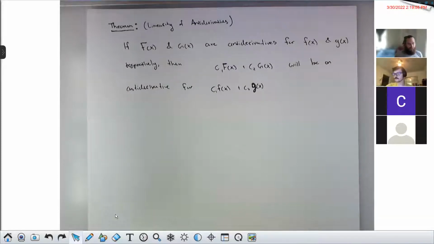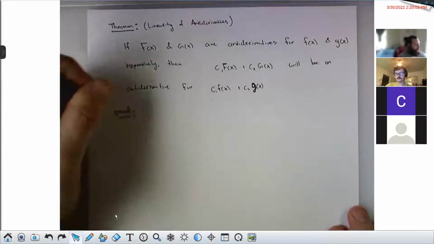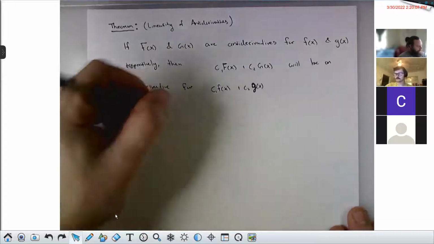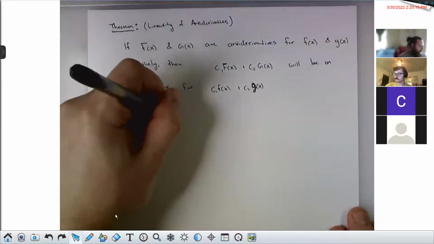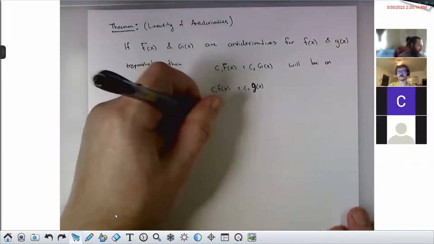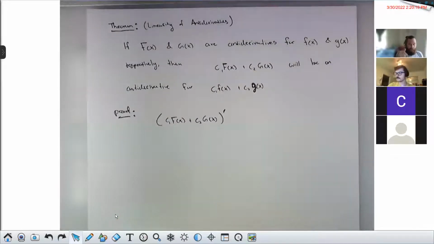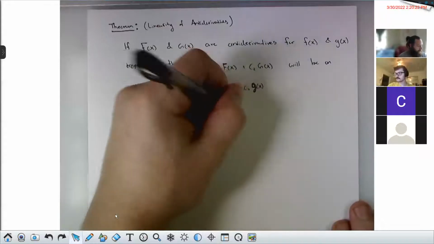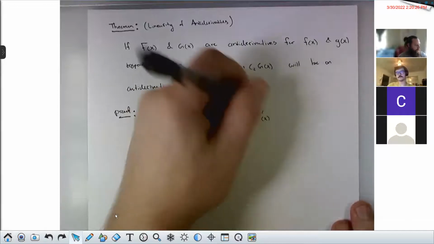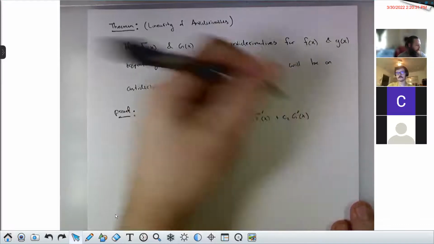And again, the proof is immediate. We just want to show that the derivative of this is this. So we will get (C1 big F plus C2 big G) primed, by the linearity of the regular derivative, is C1 big F primed of x plus C2 big G primed of x.